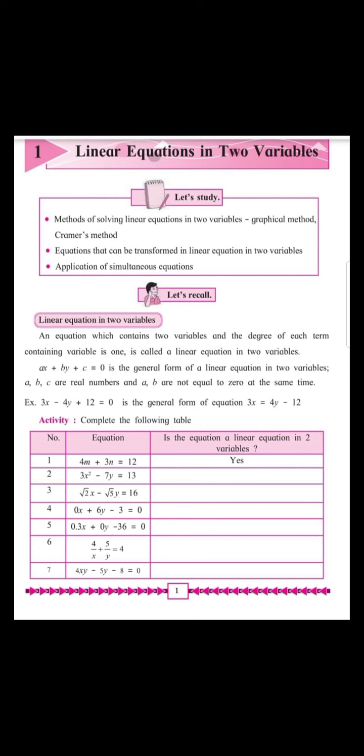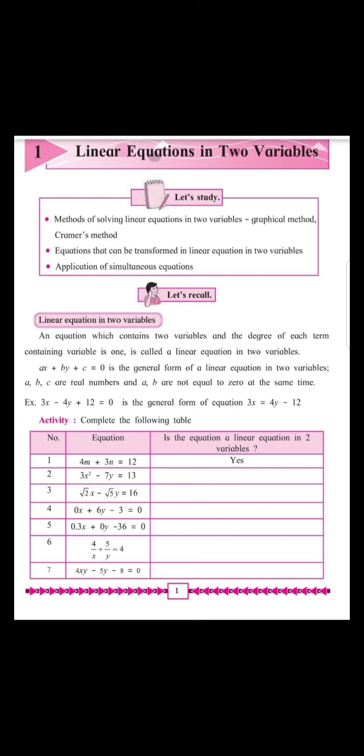Now see the third example. Square root of 2x minus square root of 5y is equal to 16. See the first term. Are there two variables? Yes. Which are the two variables? X and y. Now see the first term, square root of 2x. Degree of first term is 1. And degree of second term, square root of 5y, is also 1.